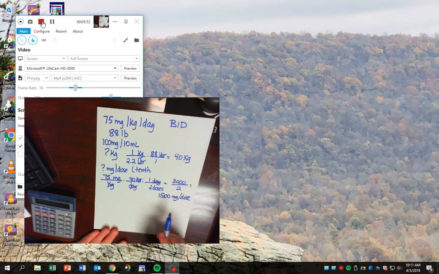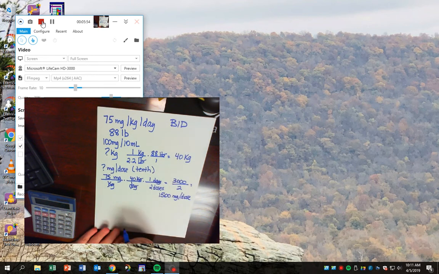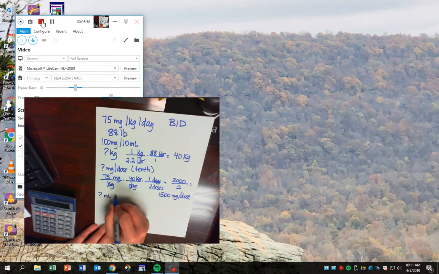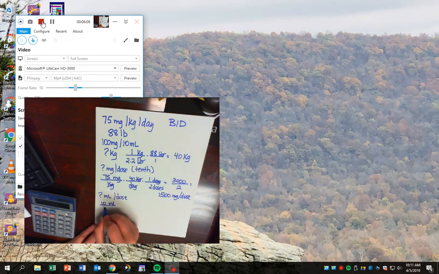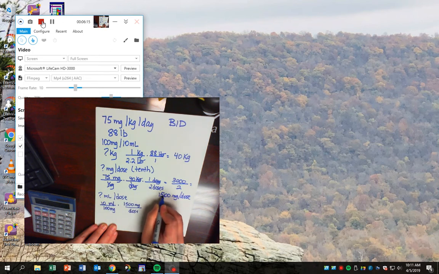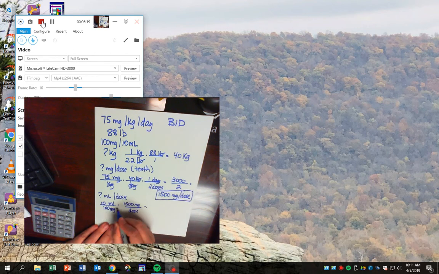To figure out our last bit, it asks how many milliliters per dose. I'm going to start with milliliters on top, so I plug in my 10 milliliters per 100 milligrams. Then I have 1,500 milligrams per dose, because this is what I'm using here. Milligrams cancel out.